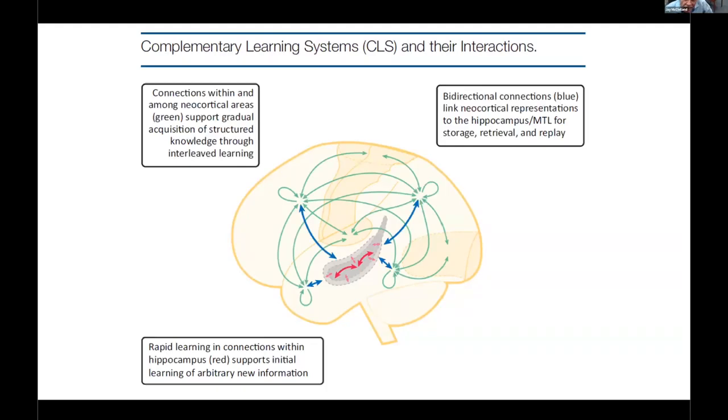We also think that the data from Milner's experiments strongly suggest that the medial temporal lobe, here represented in gray, must be a rapid learning system, a part of the brain that is able to learn new things rapidly based on one or a small number of presentations, maybe with only one presentation.